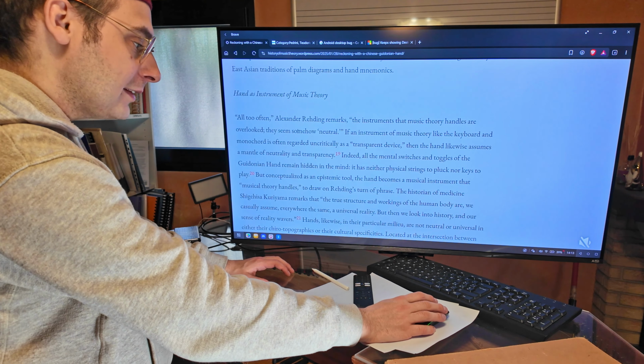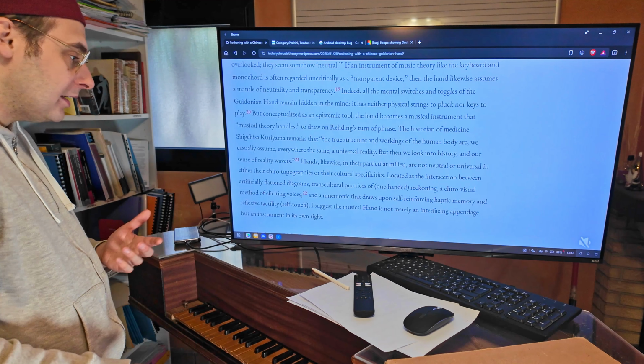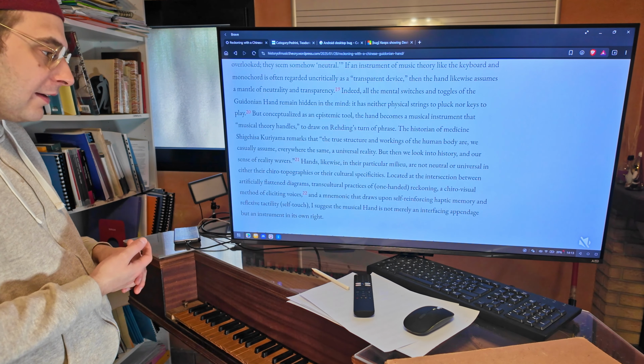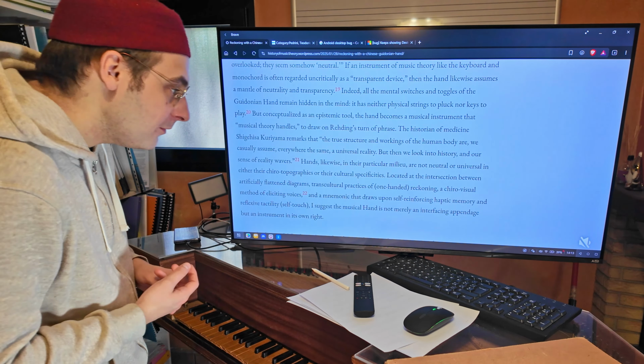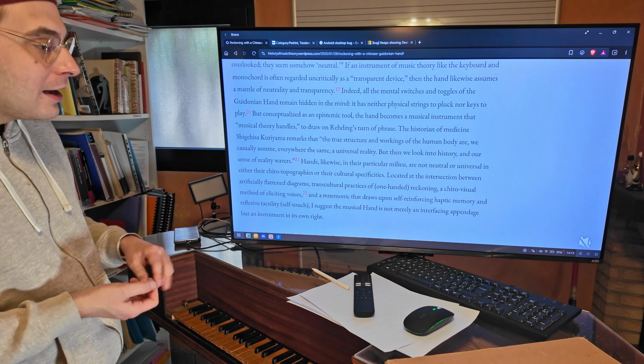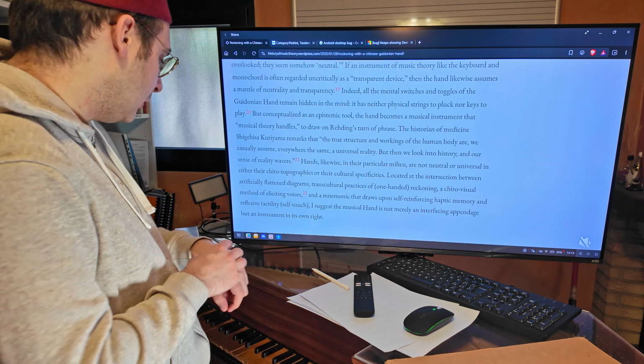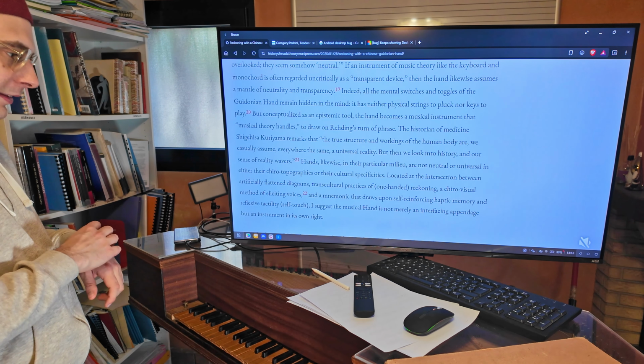But then we look into history and our sense of reality wavers. Hands, likewise, in their particular milieu, are not neutral or universal in either their topographies or their cultural specificities, located at the intersection between artificially flattened diagrams.